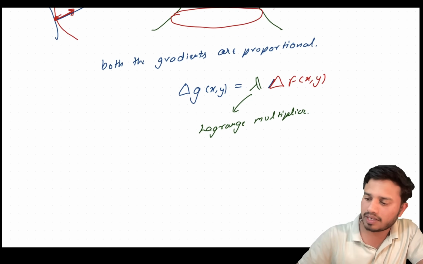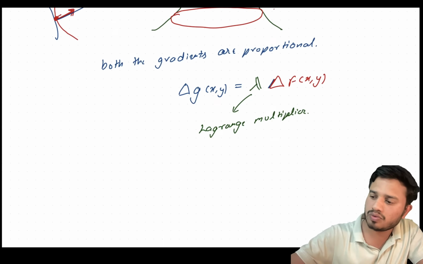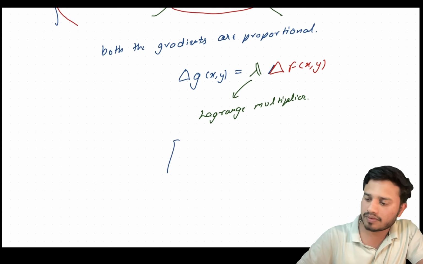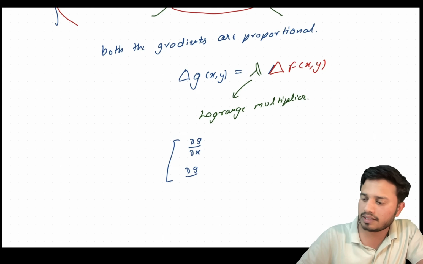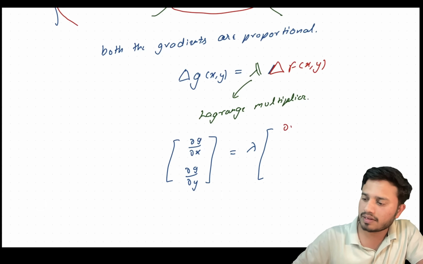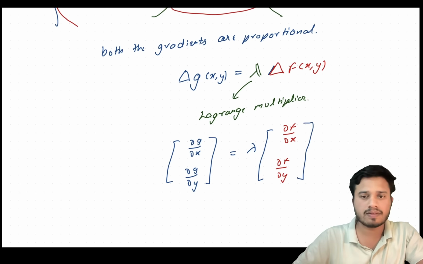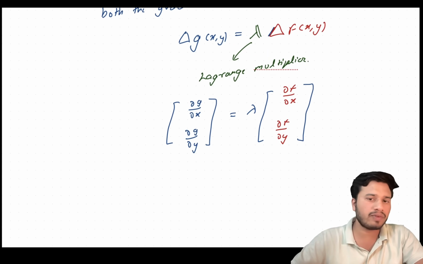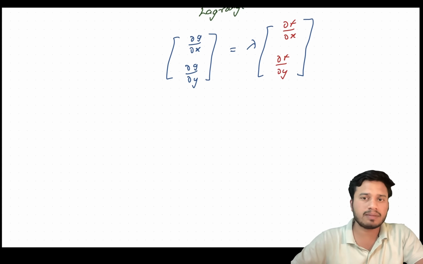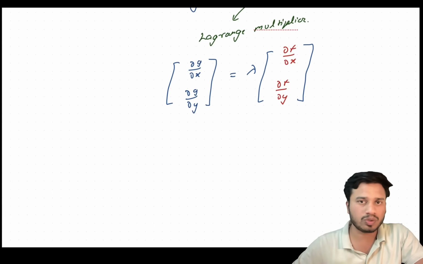We have here, for a two variable case, del g by del x equals lambda times del f by del x, and del g by del y equals lambda times del f by del y. We have to find x and y, but the problem is that there are three variables: x, y, and lambda, and only two equations.